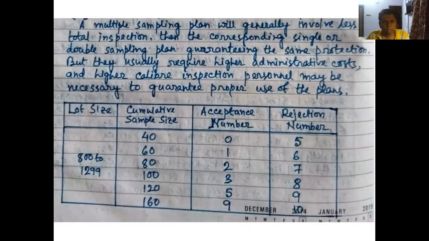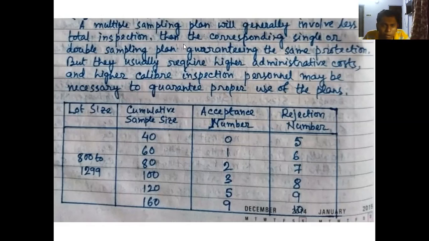In that case you cannot go for single sampling, because then you need to test more items, so your cost will go high. And if you test fewer items, there will be no quality protection. That's why double sampling is required. And if your lot size is very high, like 800 to 1299, you need to go for multiple sampling.